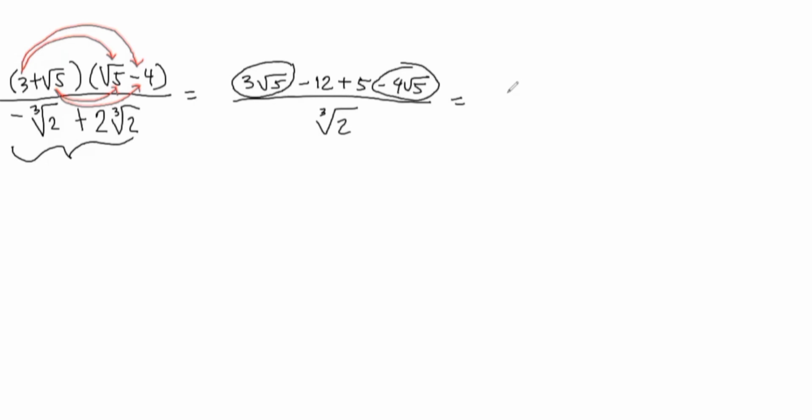So we just put negative root of 5. And then negative 12 plus 5 is just negative 7. So you combine this as well, all over cube root of 2.